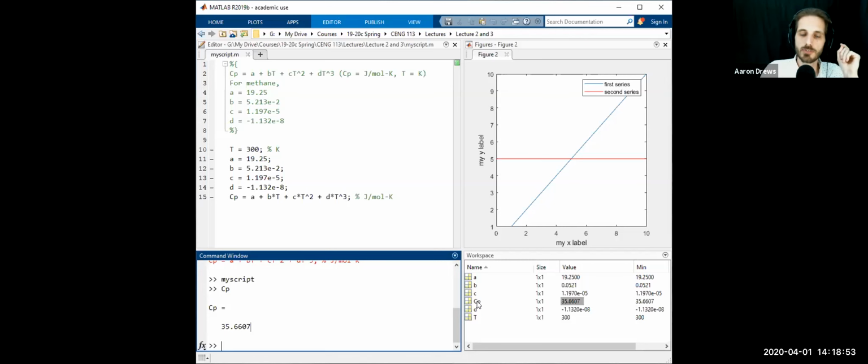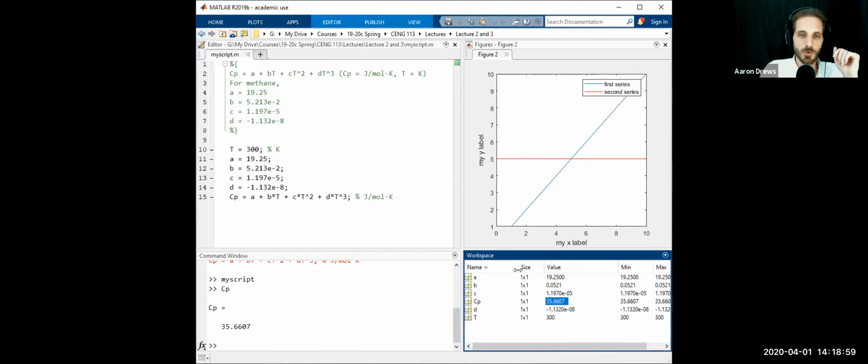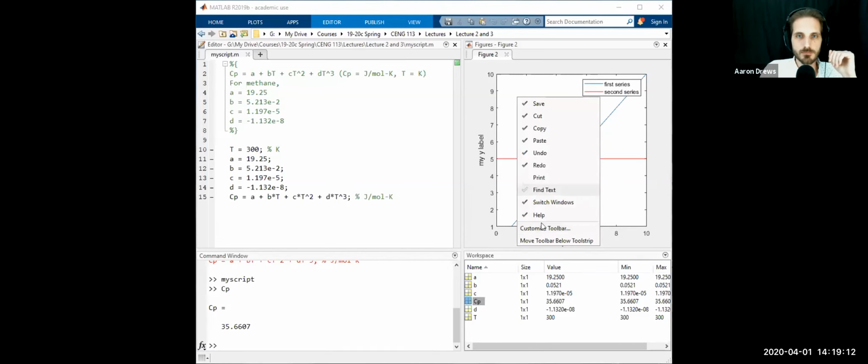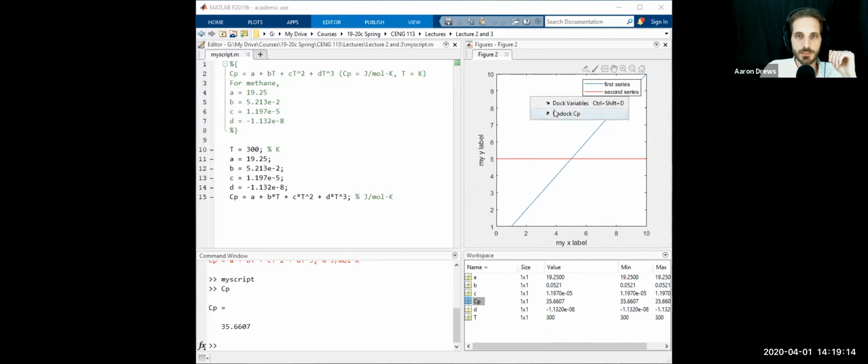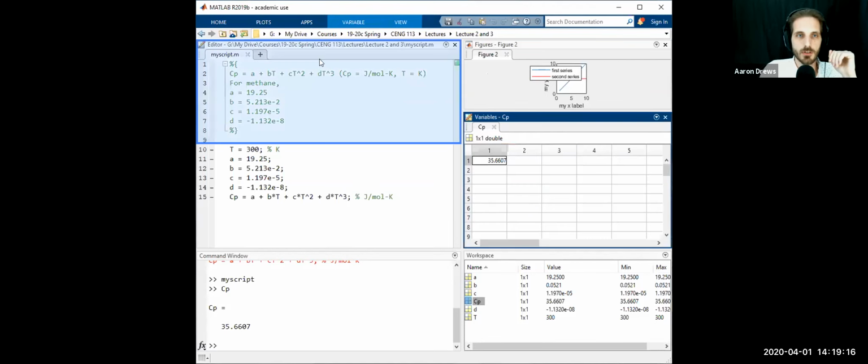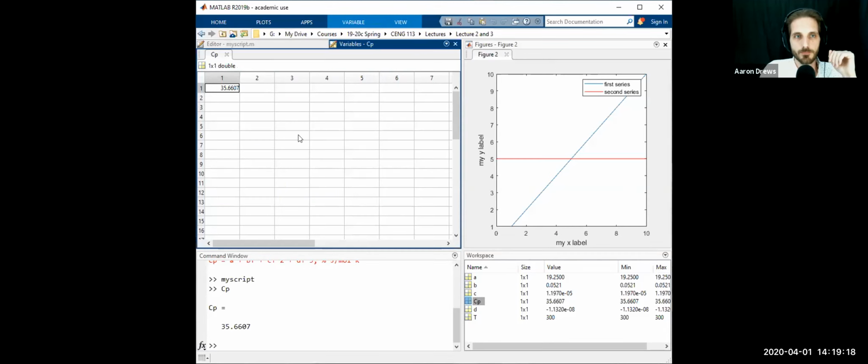One trick that I happen to do fairly regularly: it doesn't matter very much when you've only got what we call scalars, which are just a single number, but it helps a lot more when you have vectors and matrices. If you double click on any of the variables in your workspace window, let me dock this so we can see it, dock variables, put it over here.